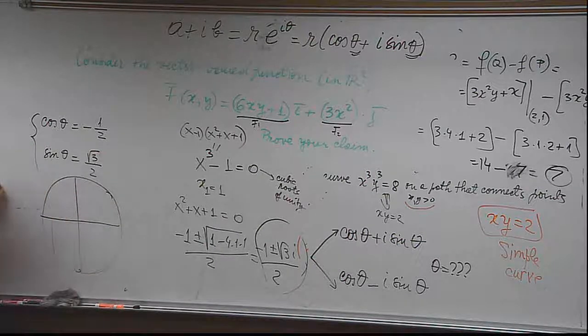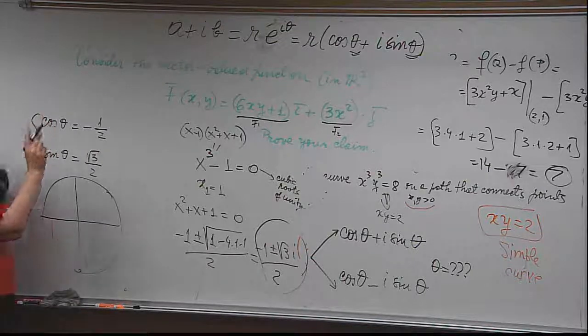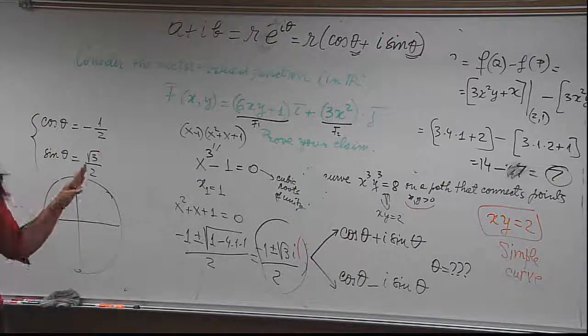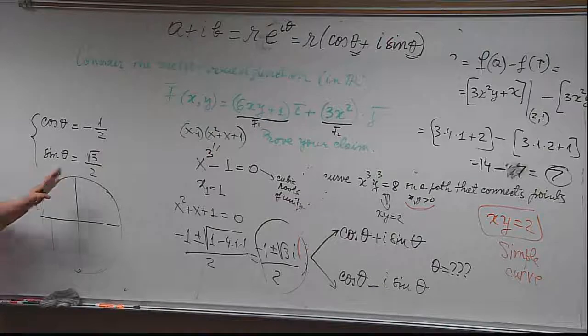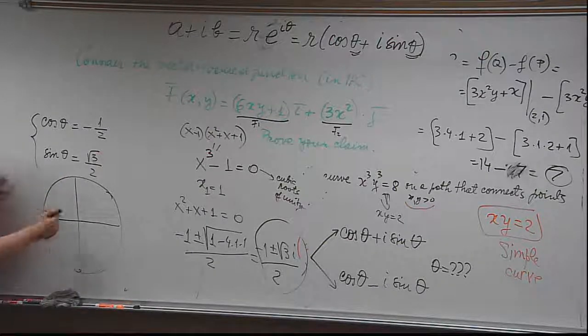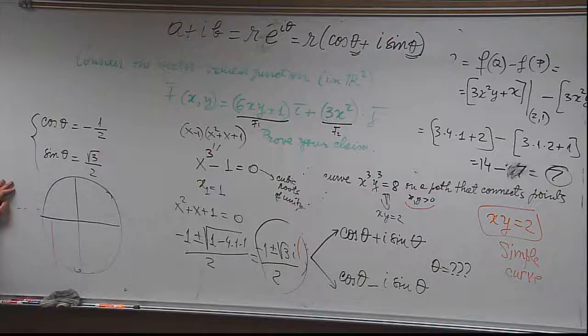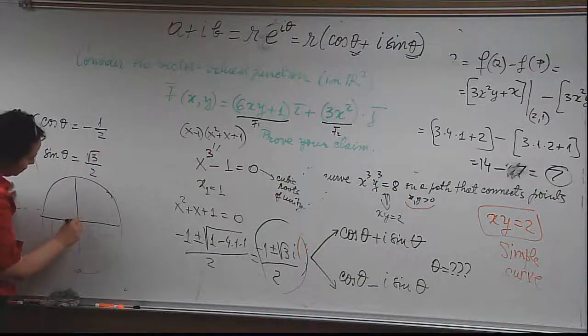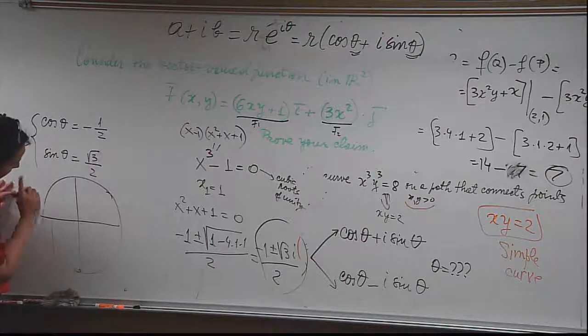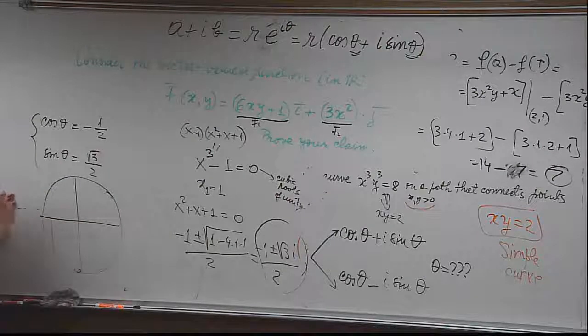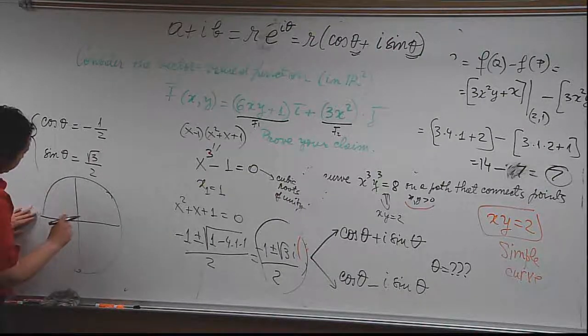Alrighty, so think cosine. If cosine would be a half and sine would be root 3 over 2, you would be in the first quadrant, and what angle would that be? That's 60 degrees, which is pi over 3, right? But you're not at pi over 3.